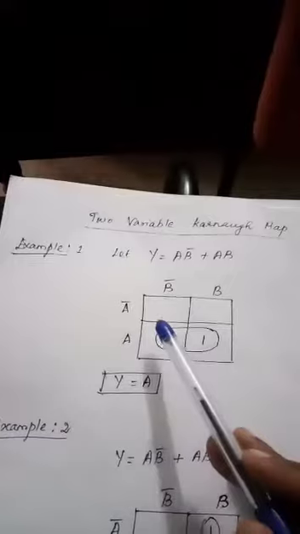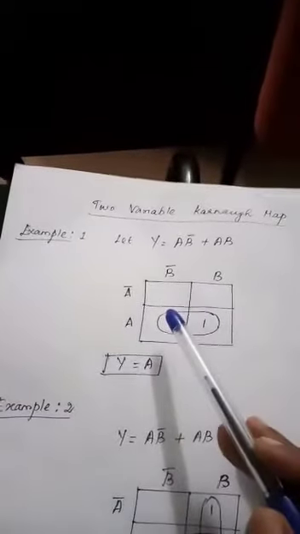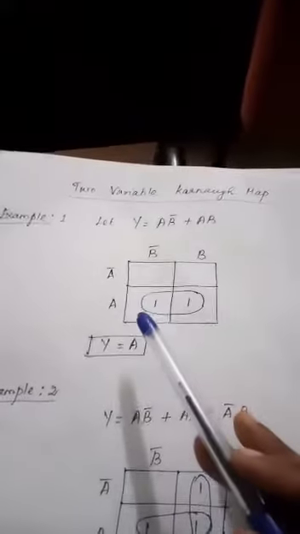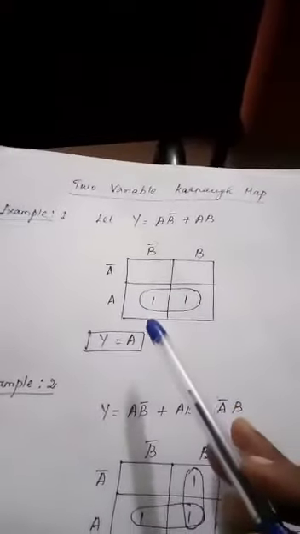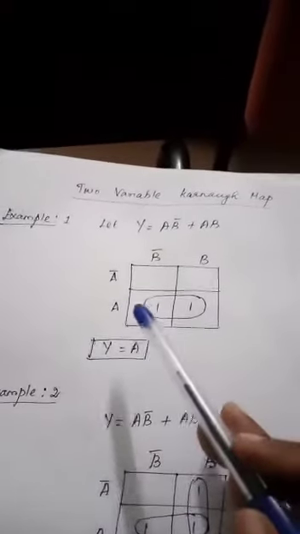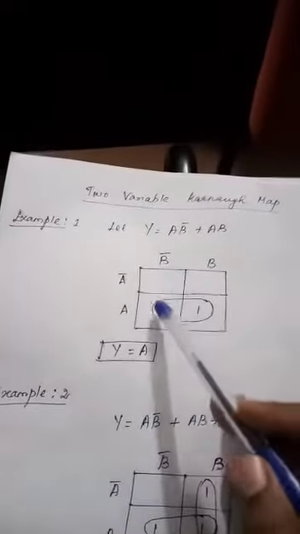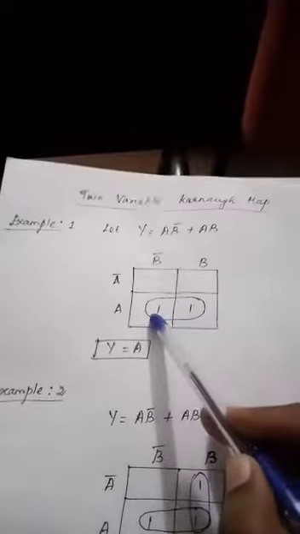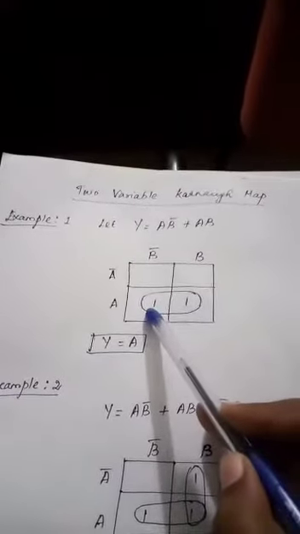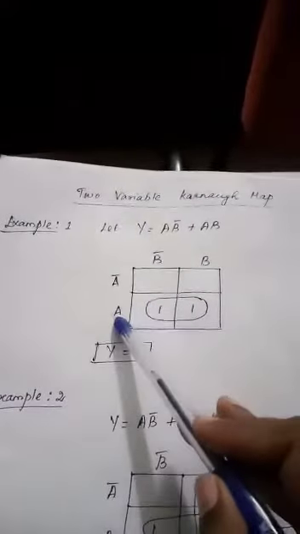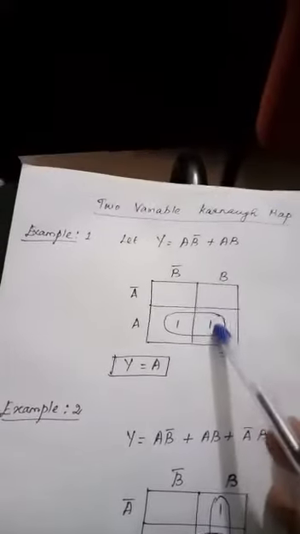For A B bar, we first fix the cell. Here is A and here is B bar, so here we put the 1. Then next we have A B. For that, here is A and here is B, so for this A B we put the 1 here.